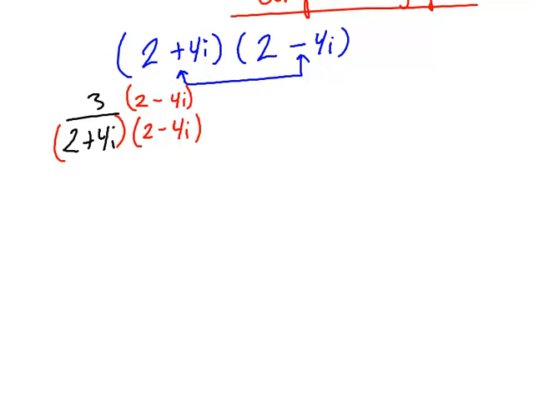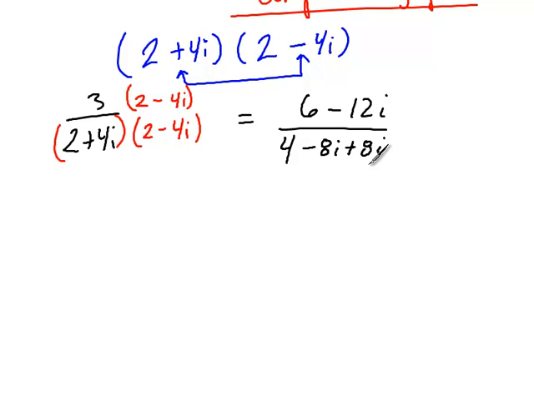So on the top, we will multiply and distribute. So you have 6 minus 12i divided by, then we will FOIL this. So we have 4 and then minus 8i plus 8i.